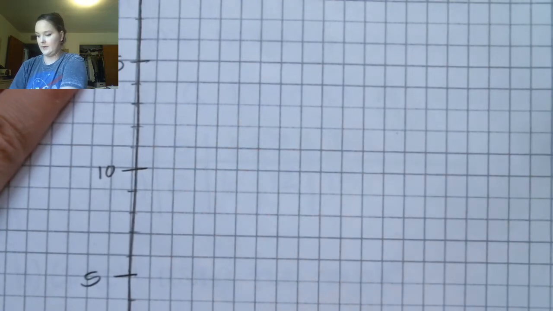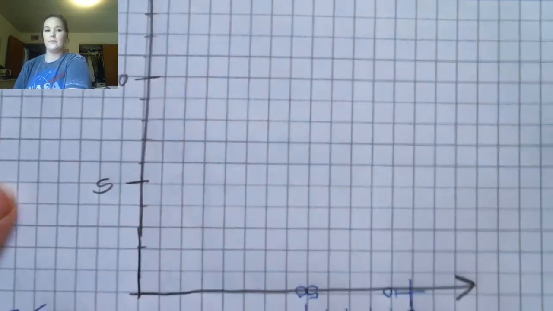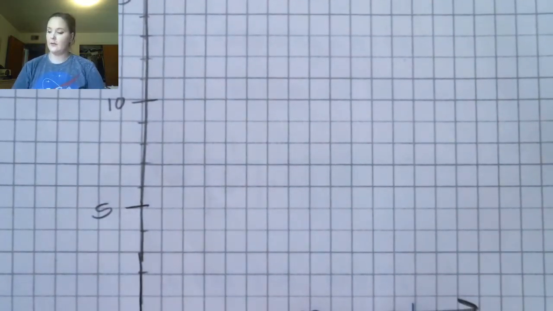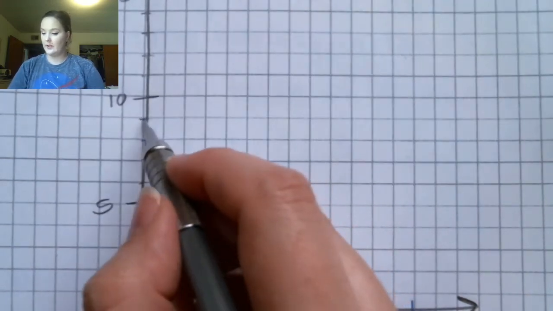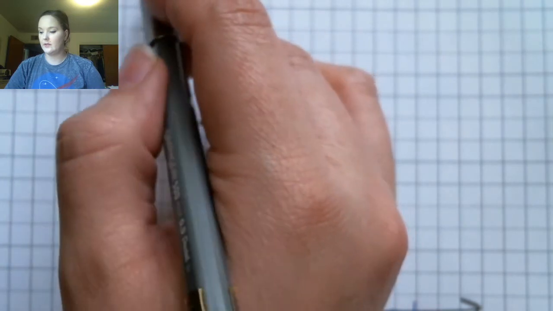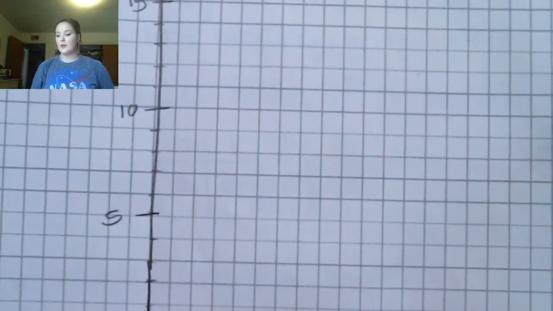Okay, there we go. Maybe I could have made it a little bit smaller, but that's all right. 1, 2, 3, 4, 5, 6, 7, 8, 9, 10, 12, 13, 14, 15, 16, 17, 18, 19. Perfect.